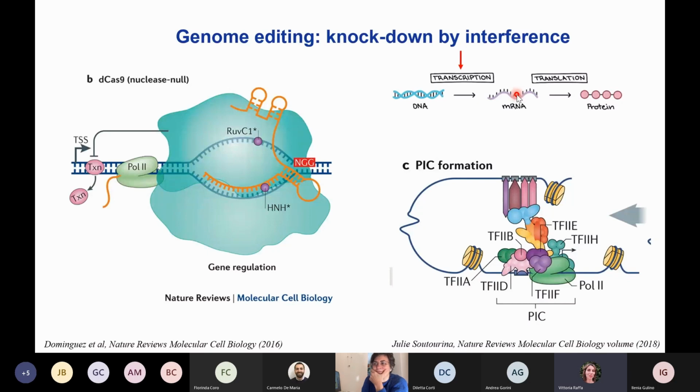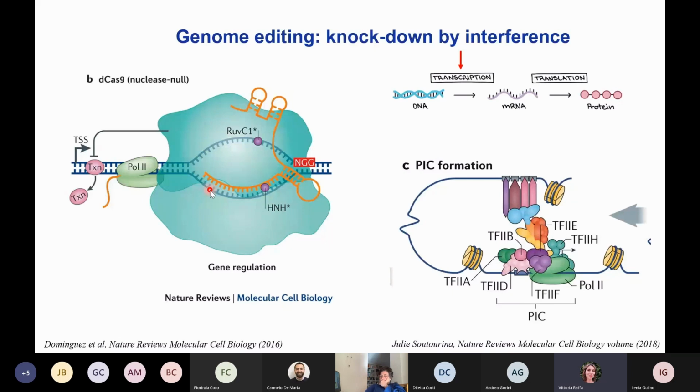How can we do this? We can do this in two ways. One way is to use interference. For doing interference, the scientists have developed one variant of the Cas9 system, which is the dCas9 system, which means that this enzyme is still able to unwind the DNA and pair to the target, but it's not able to cut. So the point is how we can make use of that if it's not able to cut.